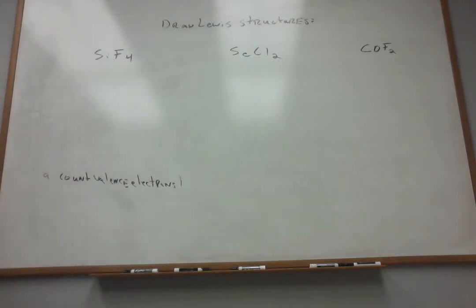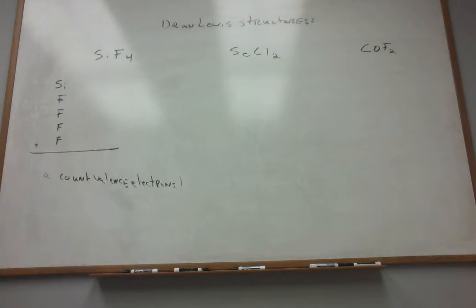That's where the chemical bonding occurs, in those valence electrons, those outermost shell electrons. So we make a count of them to see what we've got to work with, okay? Now how do we do that? Well, for each element, really each atom, is probably a better description, we write the contribution for that atom.